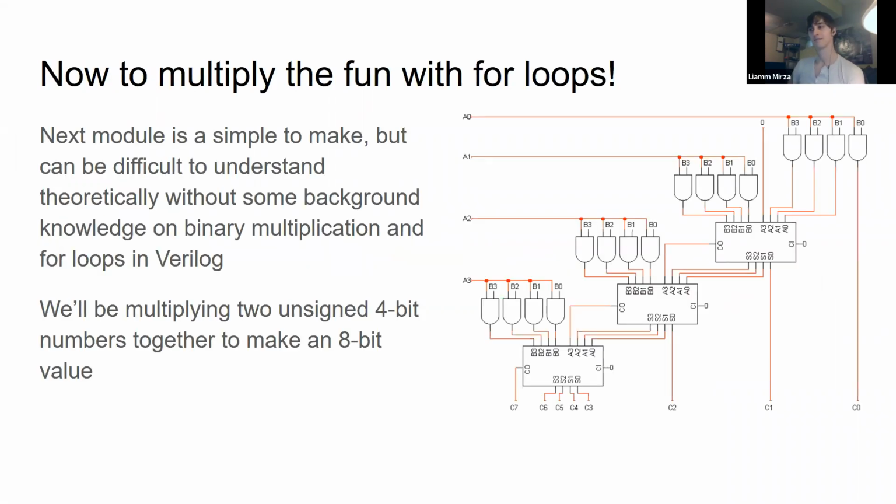All right, now here's the fun part, the for loops. Do y'all see the circuit on the right here? If you tried to implement it, you'd have to do a lot of assign statements, at least 8, to get everything wired up, and it would be crazy hard to keep track of all these wires.